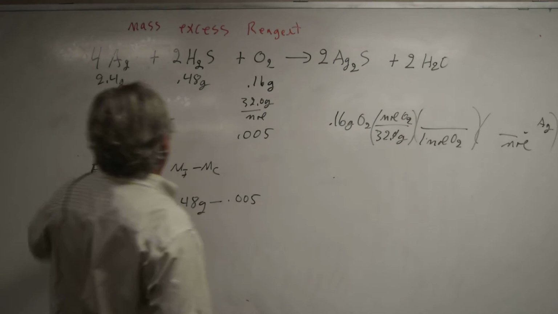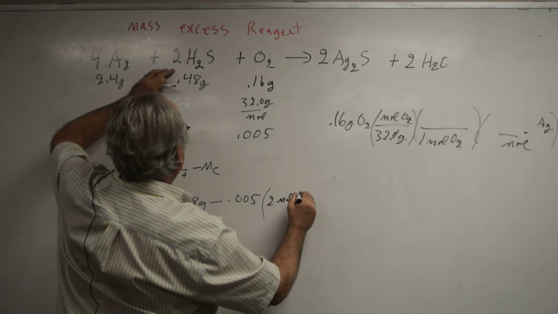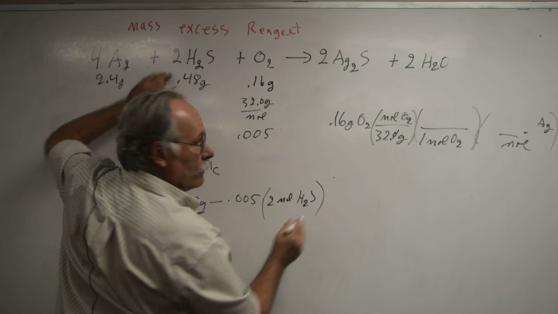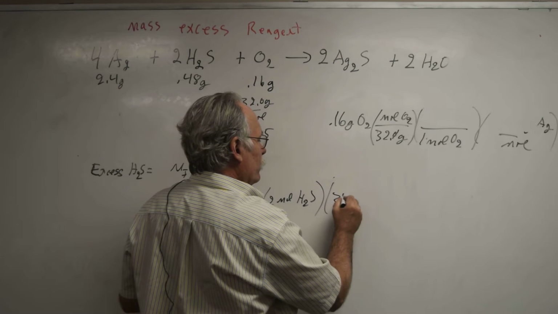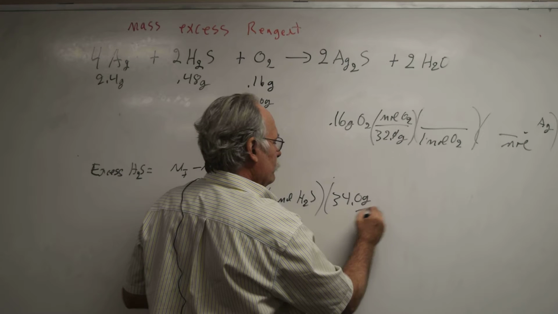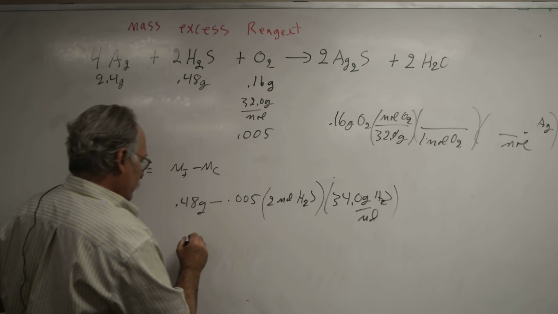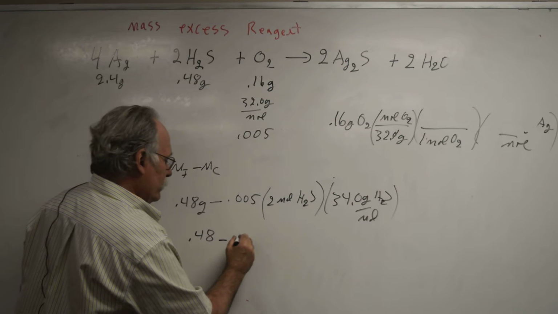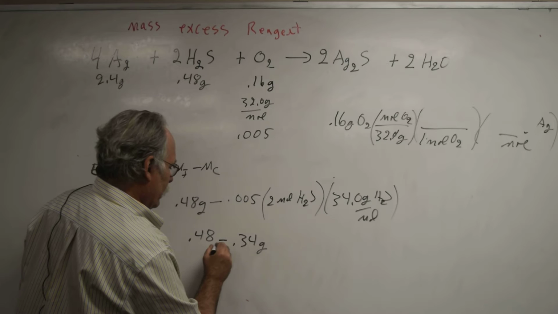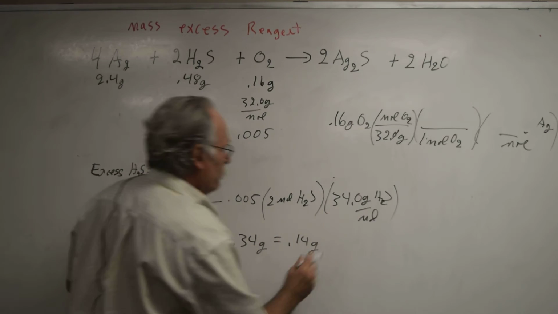But now I'm multiplying by 2 moles of H2S, and I'm multiplying by the molar mass of H2S, which is 34.0 grams per mole of H2S. And this gives me 0.48 minus 0.34 grams, which is equal to 0.14 grams.